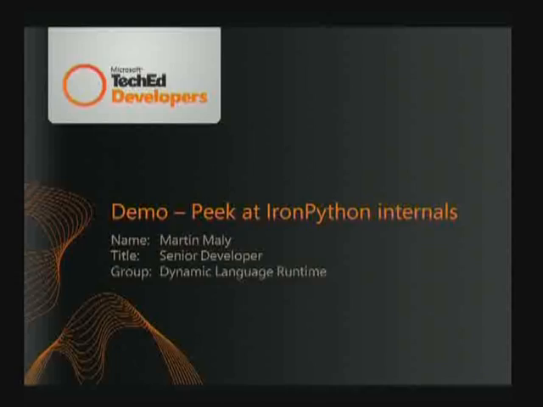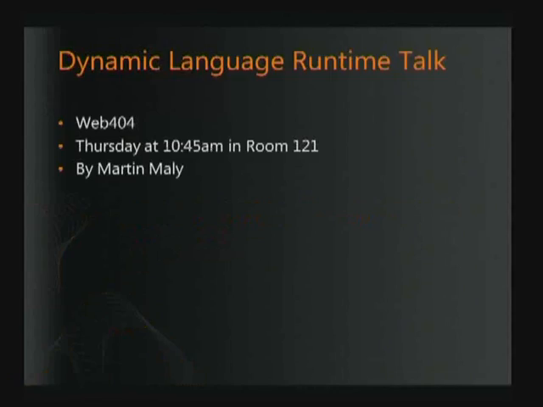As Martin said, he's doing a pretty technical 400-level talk on DLR and DLR internals on Thursday in room 121 that talks about what is DLR and how do you target languages to DLR, and even has an implementation of a fun language, just from scratch, on top of DLR in room 121. So I strongly recommend attending that.